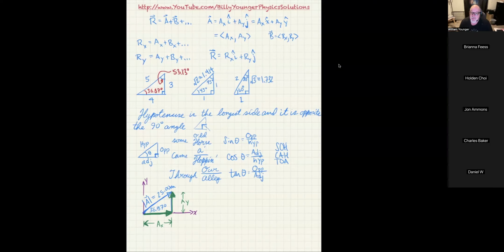Does that make sense to everyone? Okay. Now I see that that angle is 36.87, so that makes me immediately think of the 3-4-5 triangle. Okay? And then I realize the hypotenuse is 5, but my vector has a length of 25. What do I have to multiply by 5 to get 25?